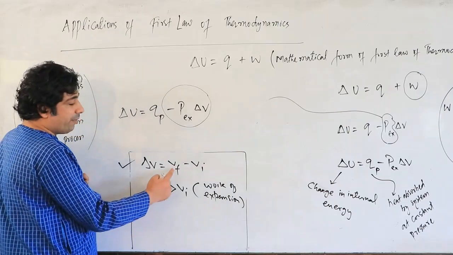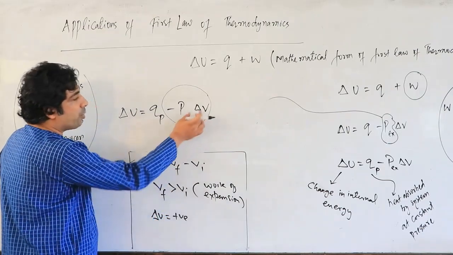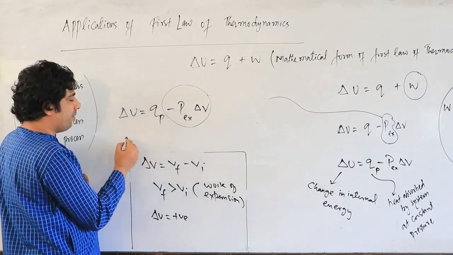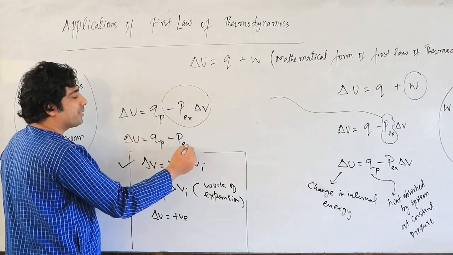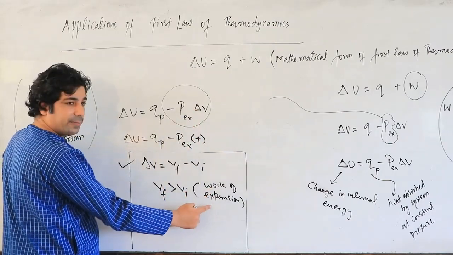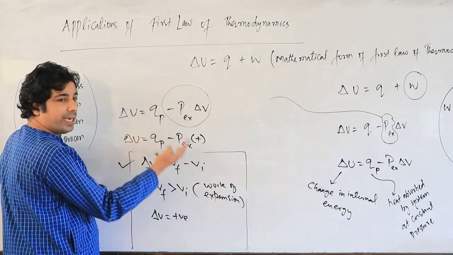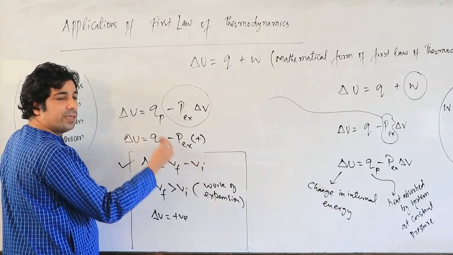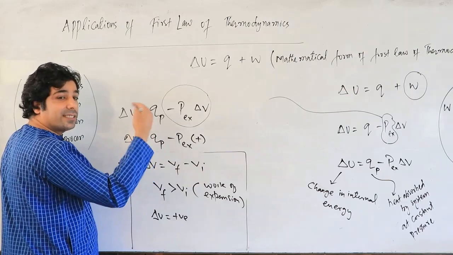You know that Vf is greater, so delta V will be positive. If I put a positive value for delta V, what will I get? Delta U is equal to Q_P minus P external into plus, because delta V is positive for the work of expansion. So plus into minus will be minus only. That means work will be negative, that means work is done by the system.